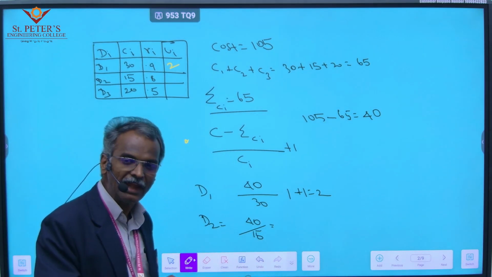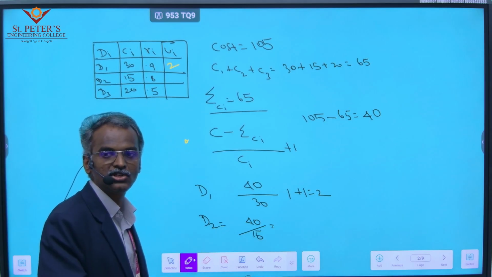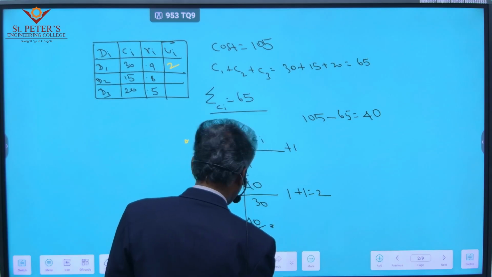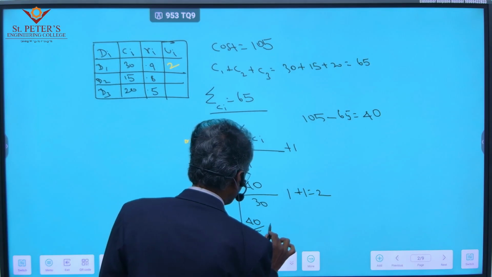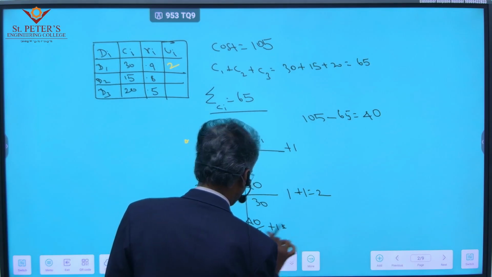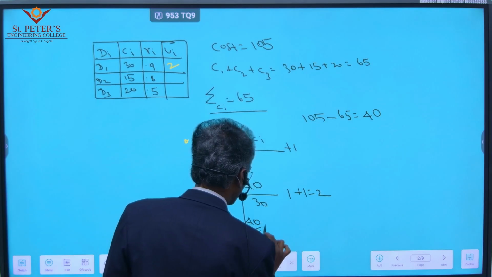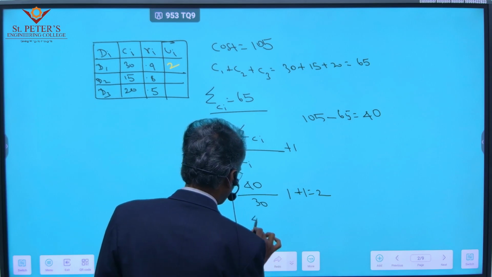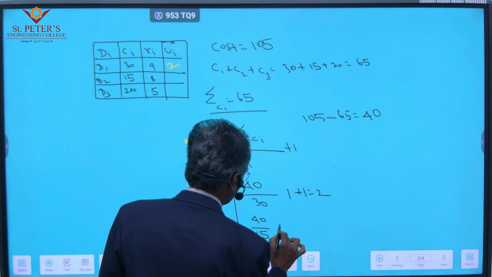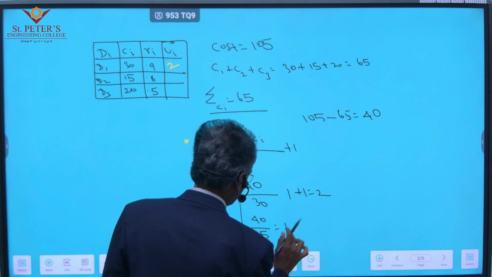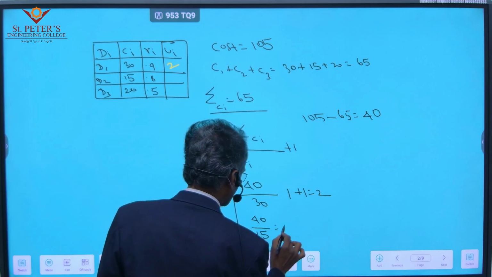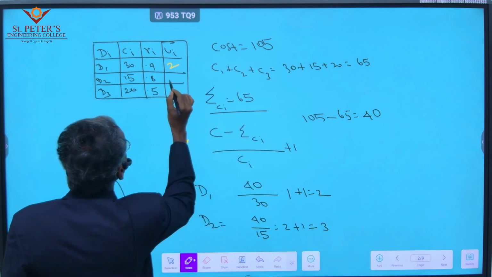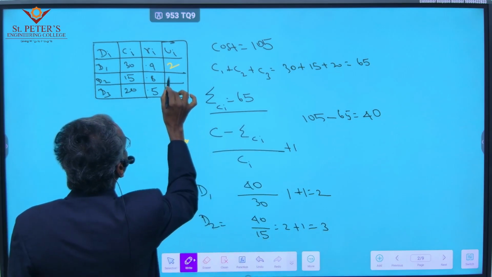How many devices can we add apart from the original one we bought in the initial stage? 40 by 15 is 2, plus 1 we already bought, so 3 copies of second device we can have.